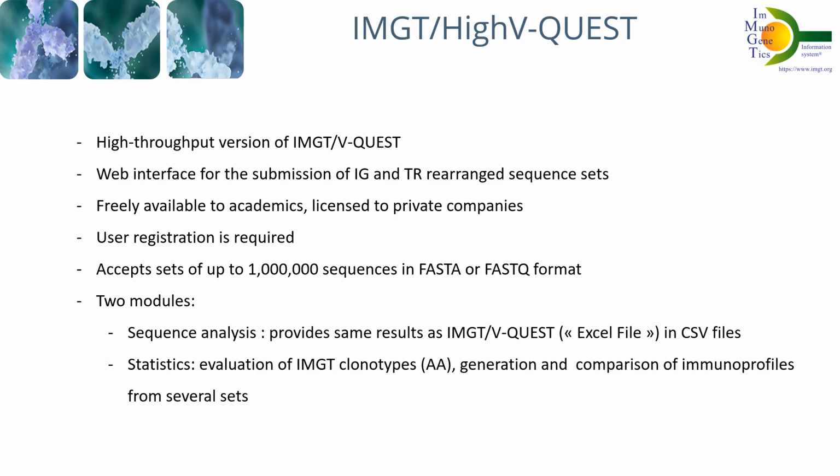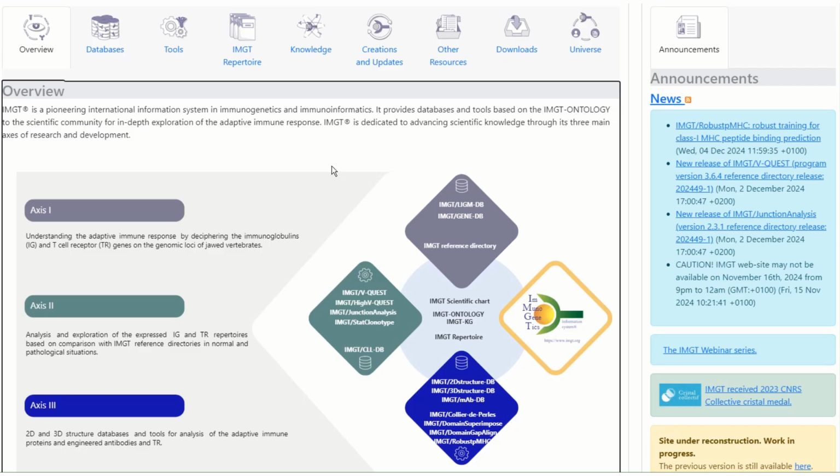The statistical module classifies the sequences into clonotypes in order to generate immunoprofiles. Moreover, it can compare the results of several sets for the identification of common clonotypes. Let's see now how to use the tool from the IMGT homepage by clicking on its name.